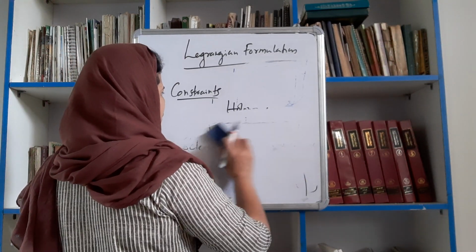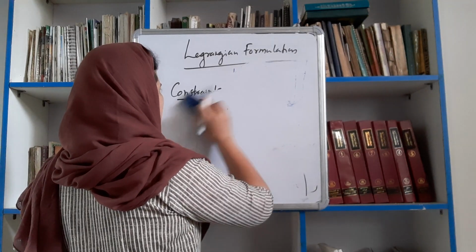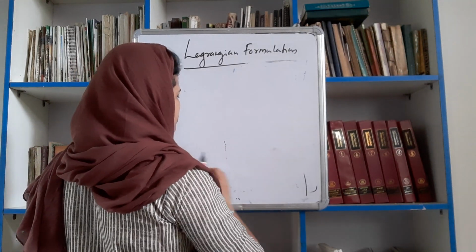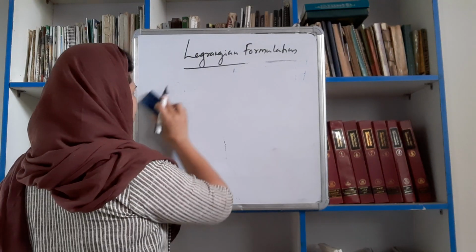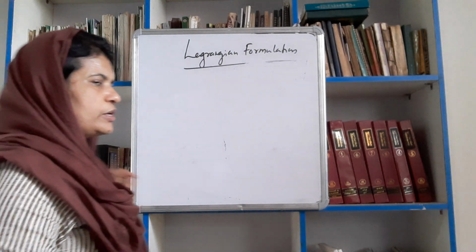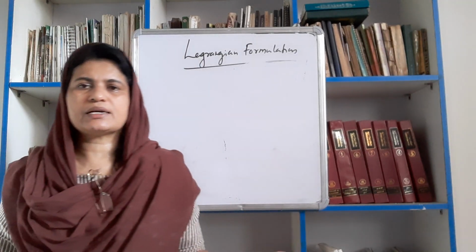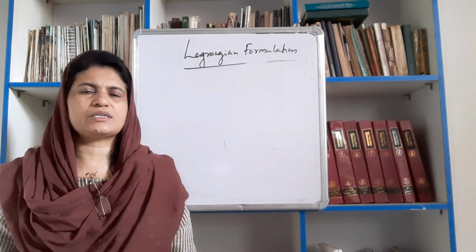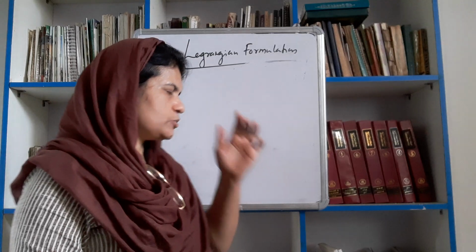These are the examples. There are so many classifications in different manners based on different categories: conservative constraints, non-conservative constraints, bilateral constraints, and so on. For the time being, you need only this much.